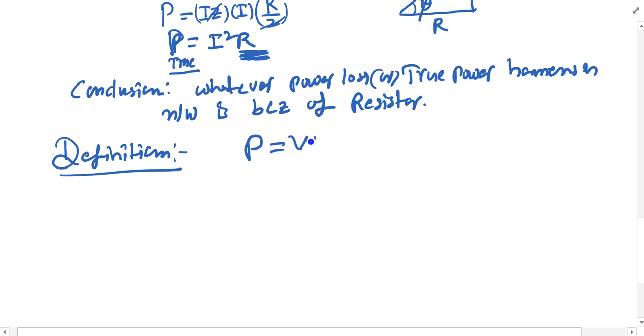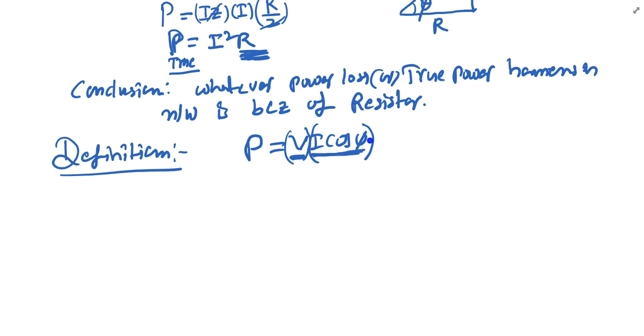P is equal to VI cos phi. So the definition for active power is the product of voltage with the current component which is going in phase with the voltage, that is I cos phi. That is the definition you can write.